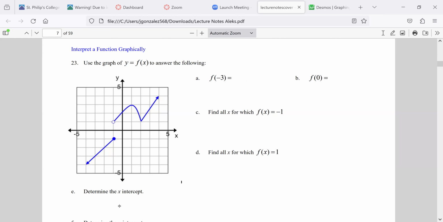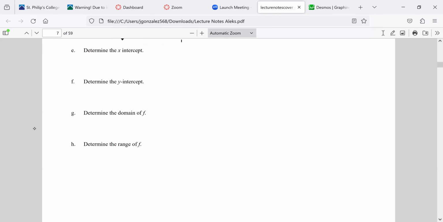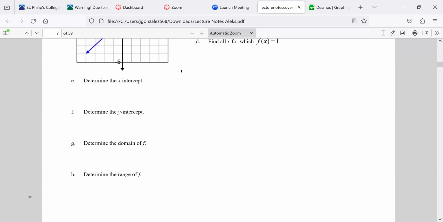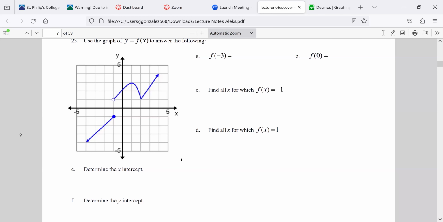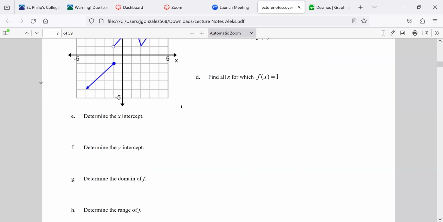Yep. What is the y-intercept? 2, right? As a point, it would be 0, 2. If just the value, then 2.